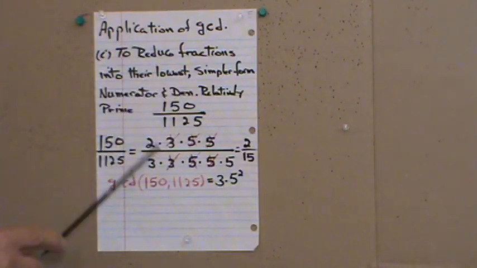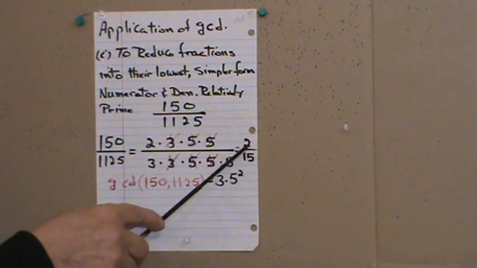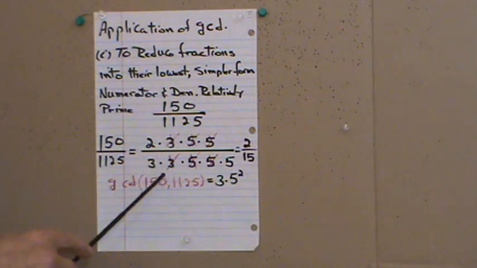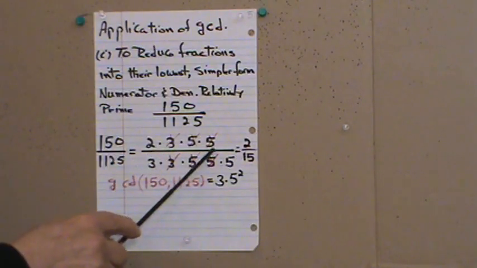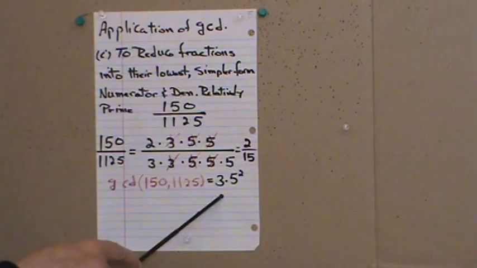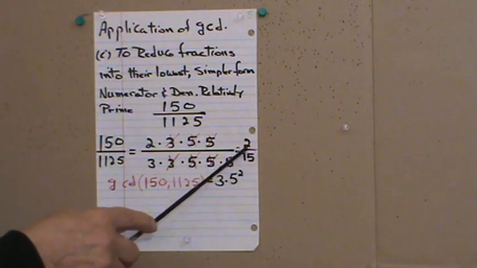So if I divide the numerator, which is this one, by the greatest common divisor, which is this, and divide the denominator by the greatest common divisor, which is 3 times 5 squared, and I urge you to do that, it's very elementary, then we end up with 2 over 15.